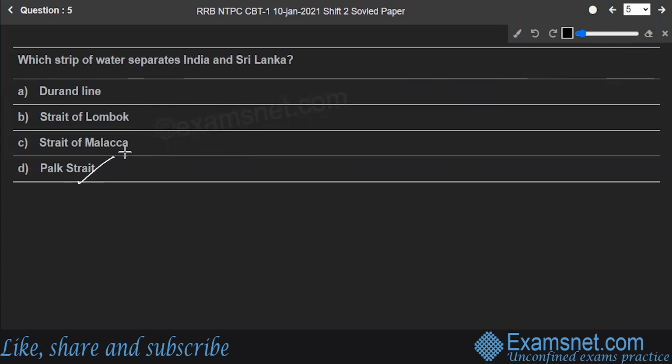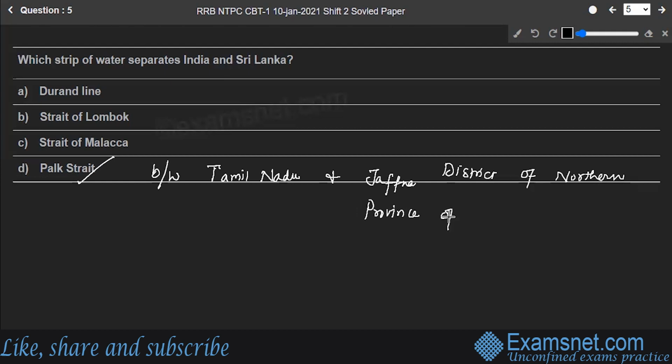It's a strait between Tamil Nadu, state of India, and Jaffna district of Northern Province of island nation of Sri Lanka.